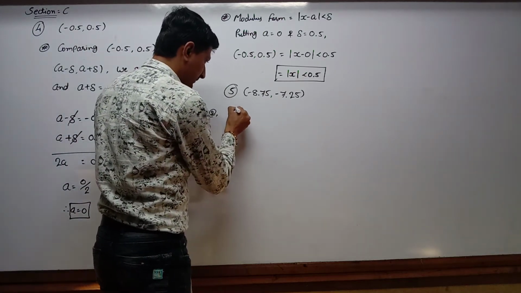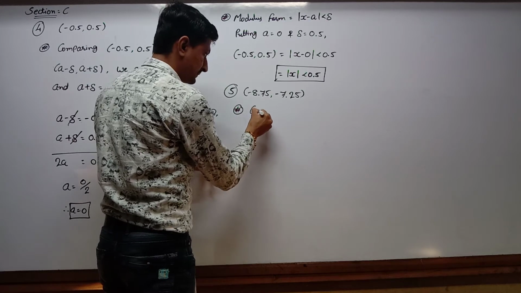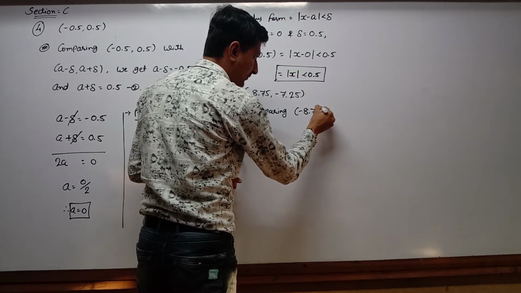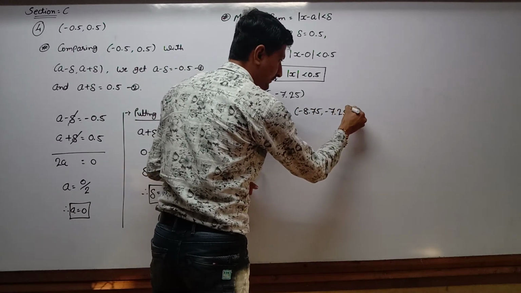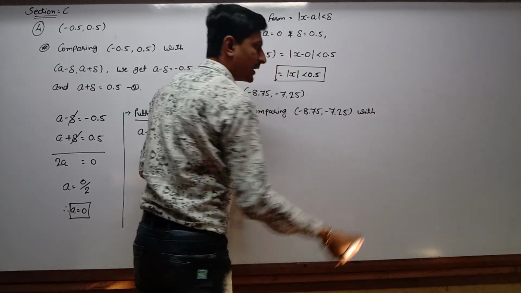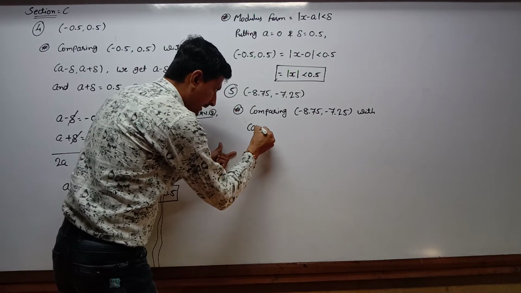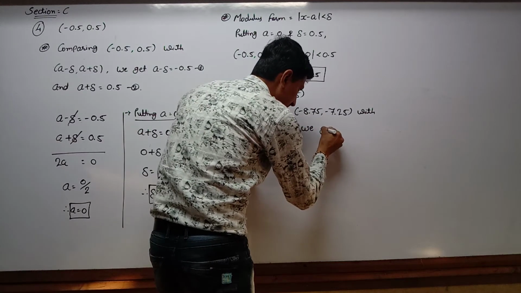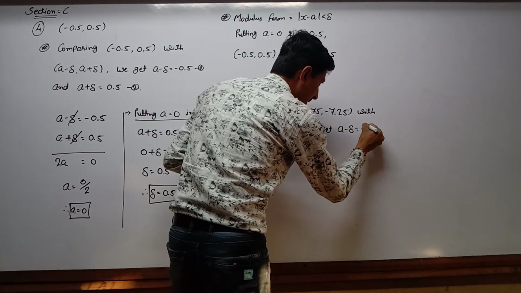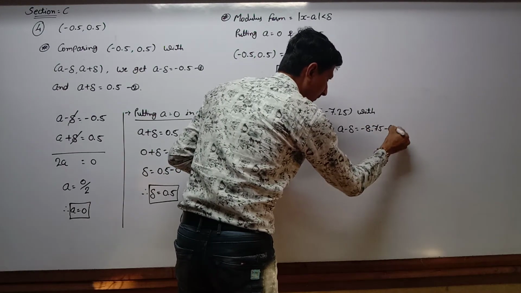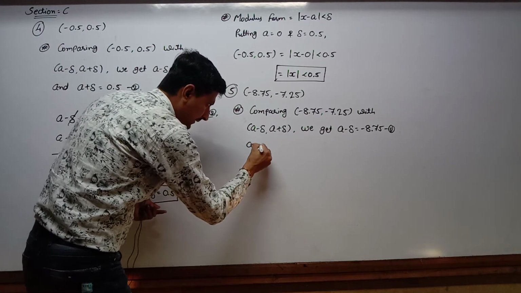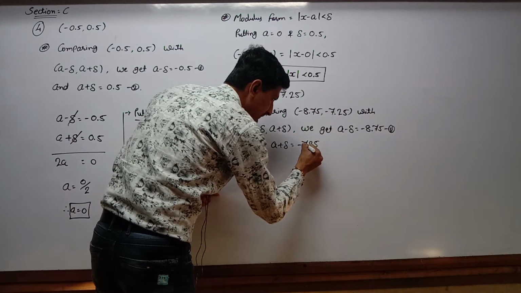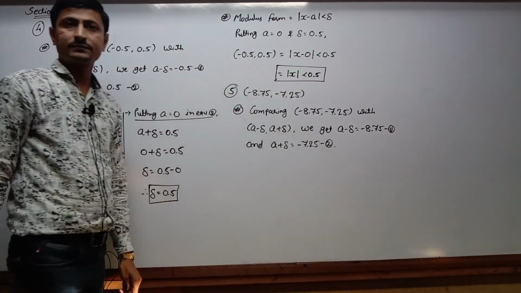So write down, first of all, comparing minus 8.75 to minus 7.25 with interval form a minus delta comma a plus delta, we get a minus delta is equal to minus 8.75 in equation 1 and a plus delta is equal to minus 7.25 for the second equation. Clear?